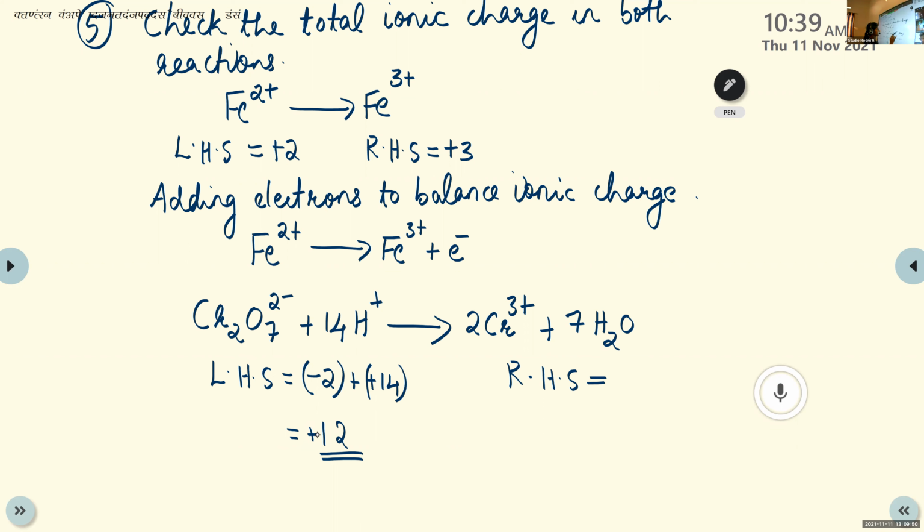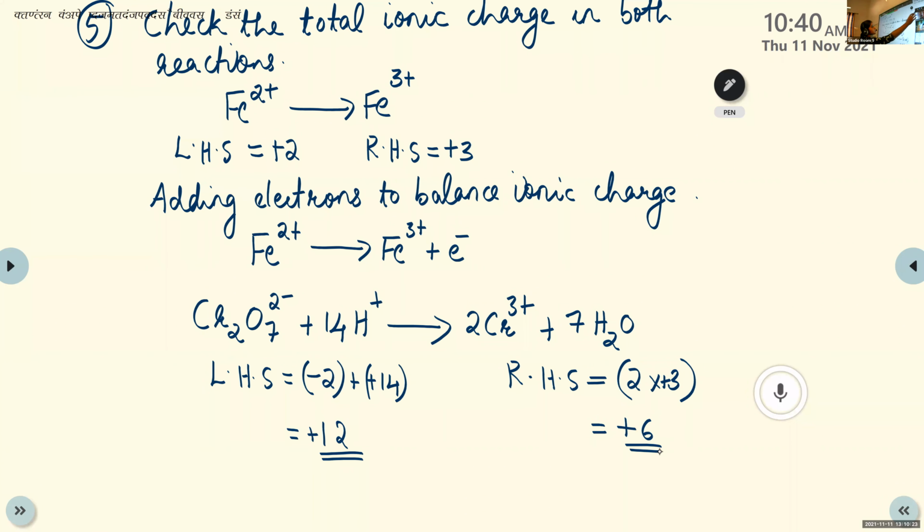Here, 3+ is the charge of chromium, but there are 2 chromium atoms. So 2 into 3+. And there is no charge for H2O because it is neutral, right? So 2 into +3, that is +6, right? So here on the left hand side, it is +12 and on the right hand side, it is +6. So how can we balance the total ionic charge in this equation?